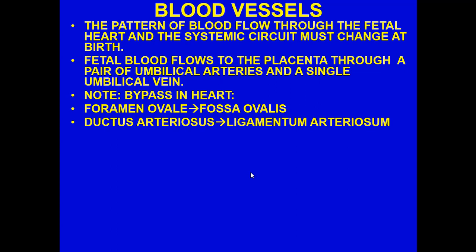When they deliver the baby, they always check the umbilical arteries and the umbilical vein. It's always 2 arteries, 1 vein. If there's any difference in that number, that tells the obstetrician and the doctors immediately there may be a problem.